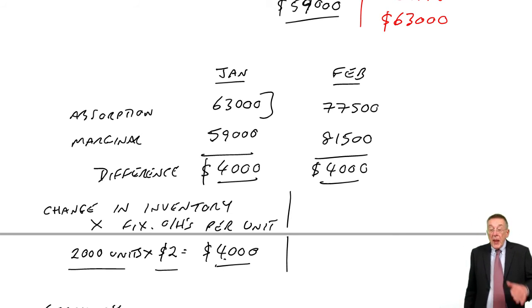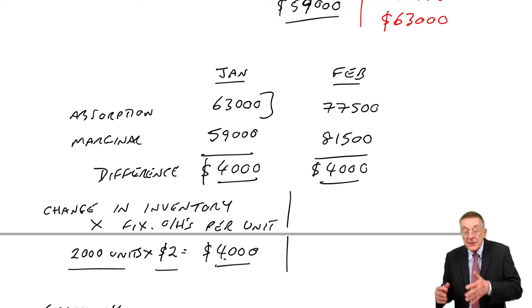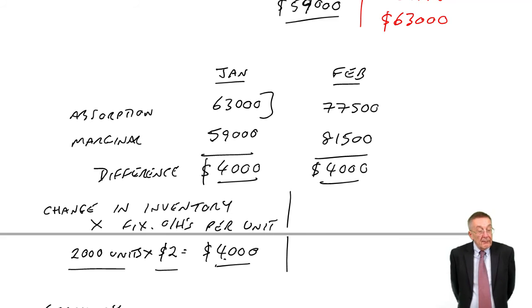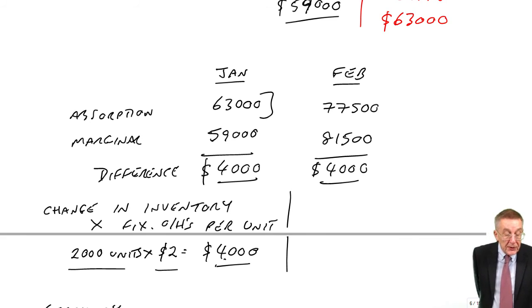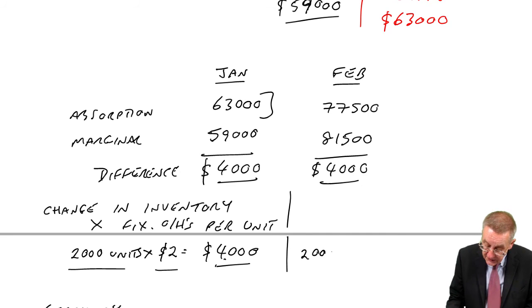Because again, the only reason ever for the difference is the change in inventory over the period times fixed overheads per unit. And how much did the inventory change by? This time we sold 2,000 more than we produced. So the inventory will have fallen by 2,000 units.